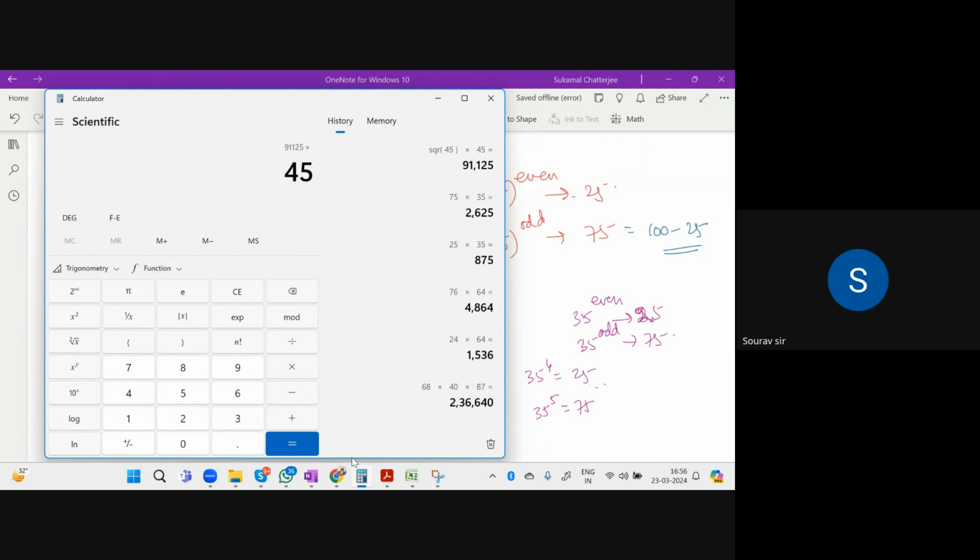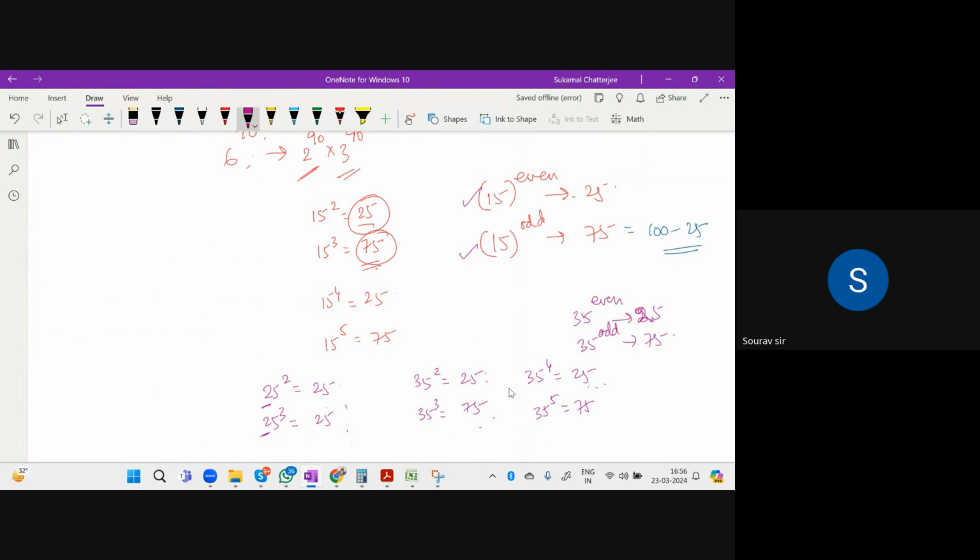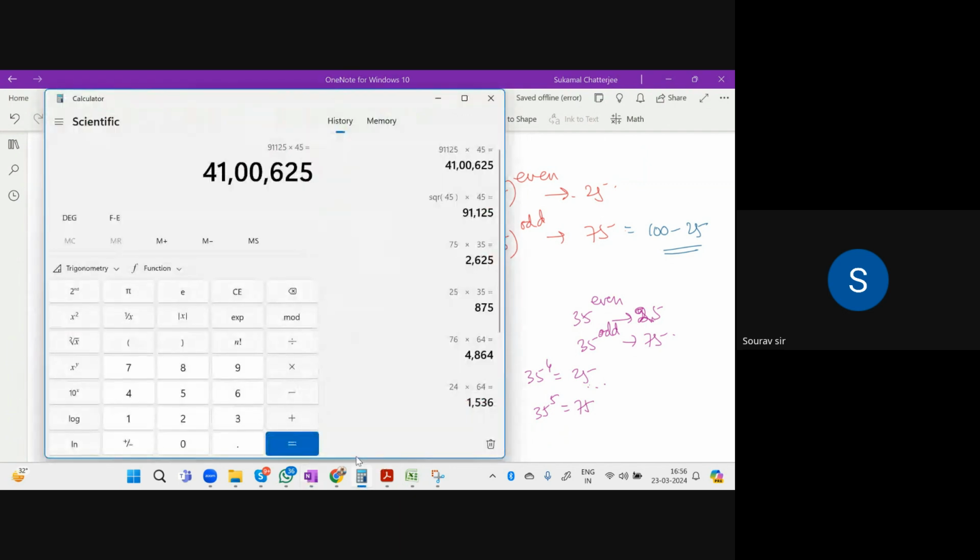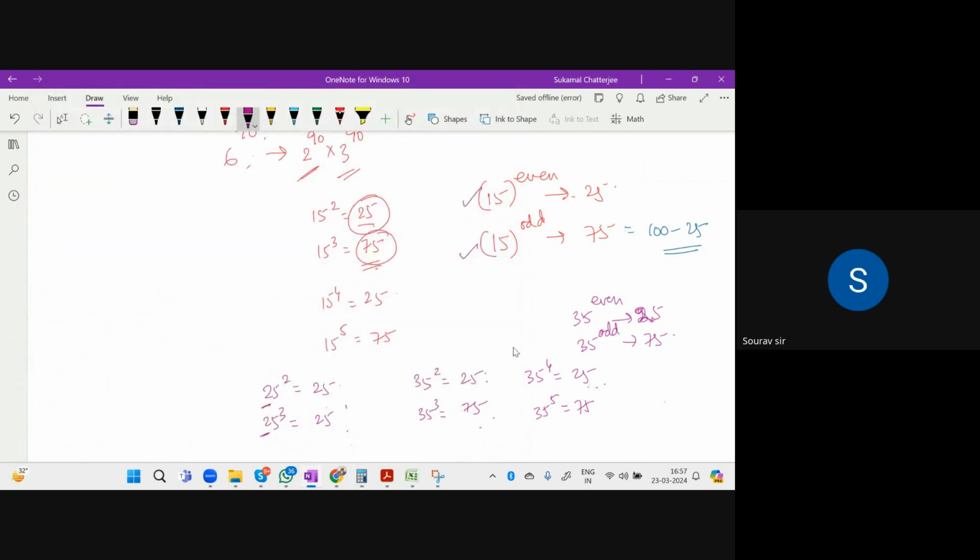So 45 to the power anything will end in 25. What about 55? What do you expect? 25, 75, 25, 75? Yes, sir. Okay. So now let me summarize.